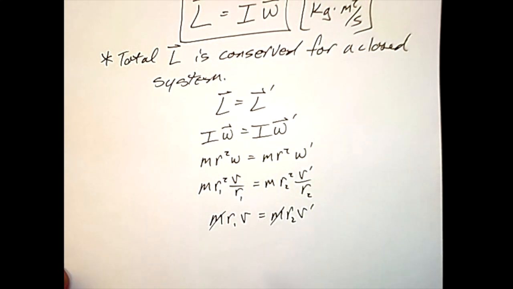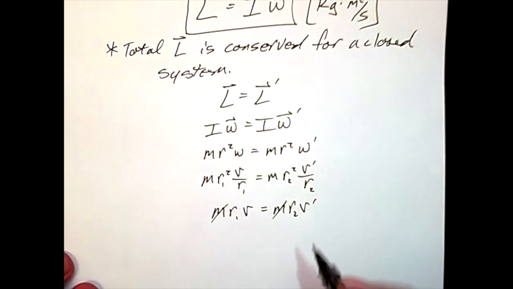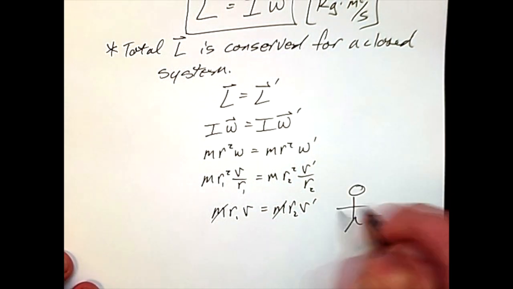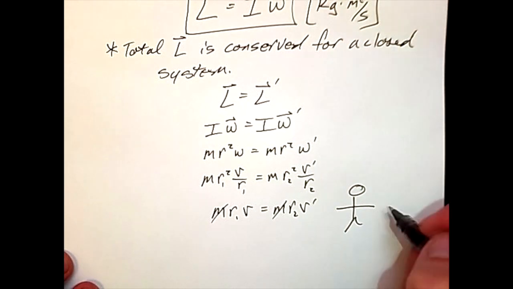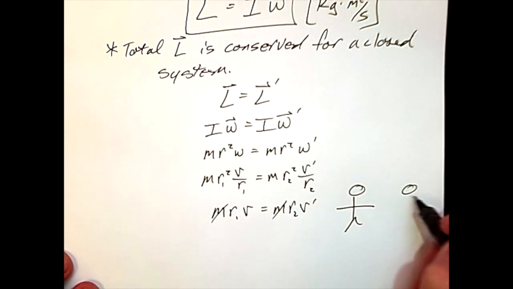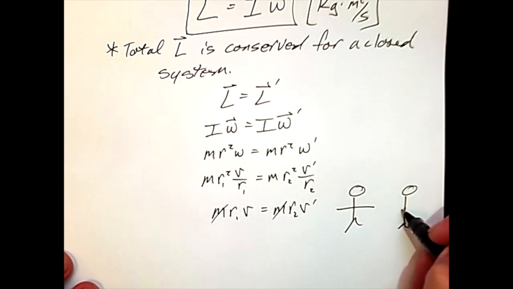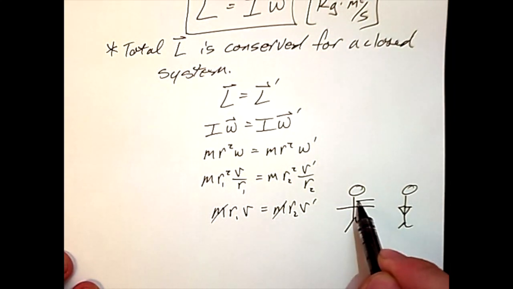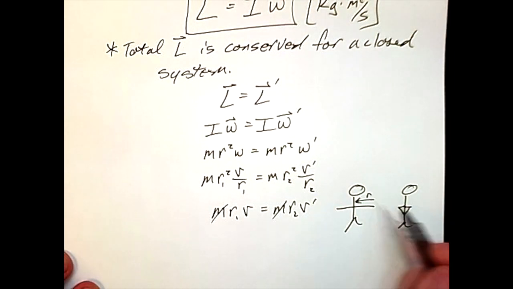But if we're talking about someone like a gymnast or a dancer, when they spin, they start with their hands out, and then they change their motion by moving their hands in, thereby reducing the radius from what it was, r here, to an r here that's much less, right?